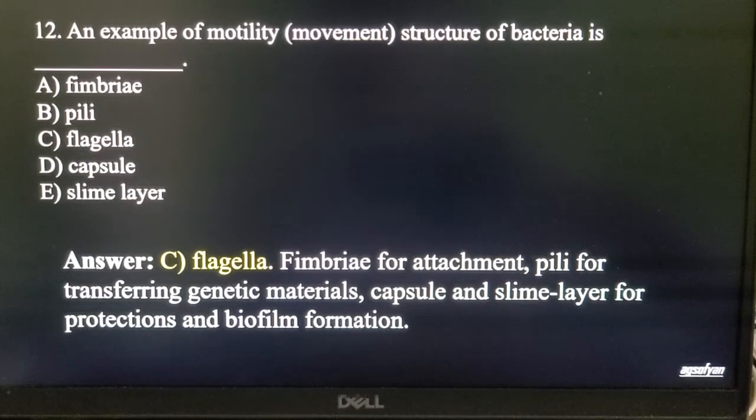And slime layer is similar to capsule, but it is a little bit gelatinous. Mostly slime layer can be used for attachment and also for making a community, what we call biofilm. Biofilm formation, this is slime layer.